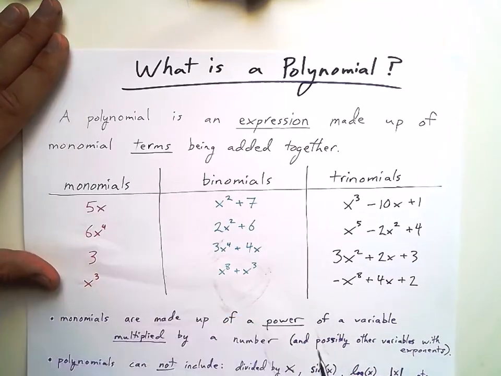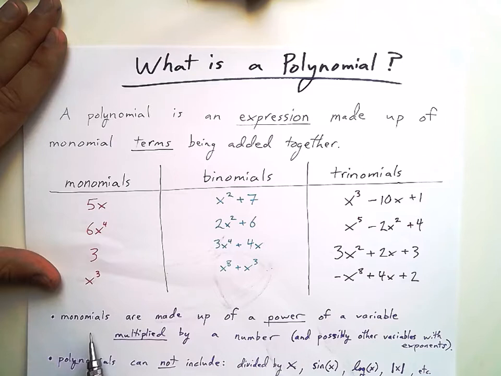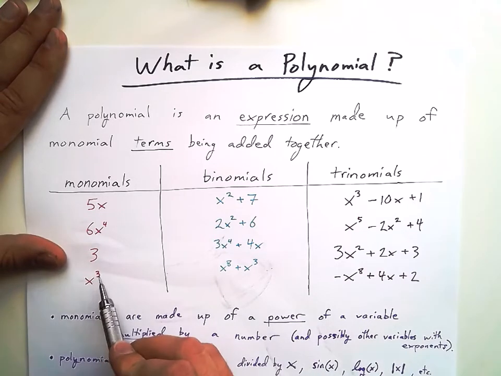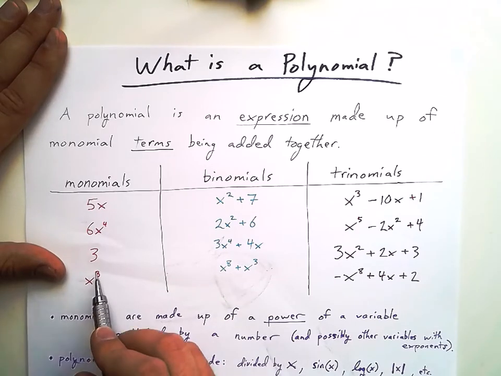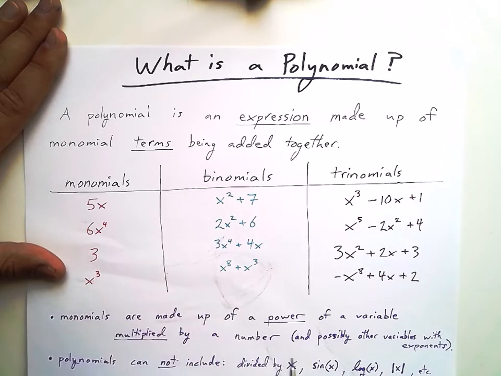So what's a monomial? A monomial is something made up of a power of a variable, so like an x with some kind of exponent on it. X would be the variable, that 3 would be the exponent or the power, and then it can be multiplied by a number.